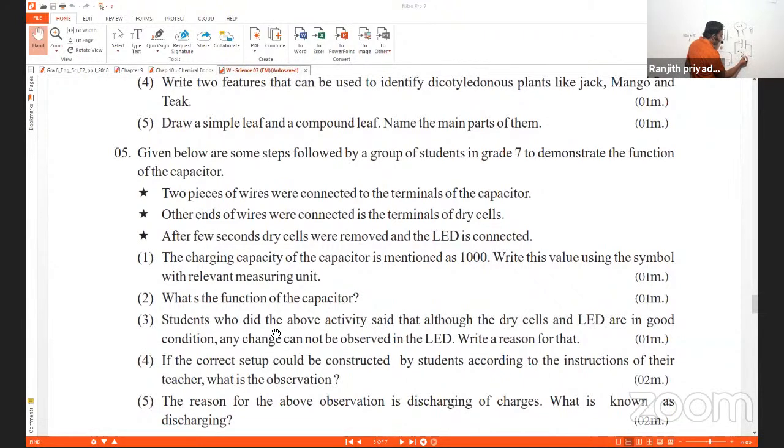This is the negative terminal. Then you can see this light emitting diode is working. That's the discharging process.